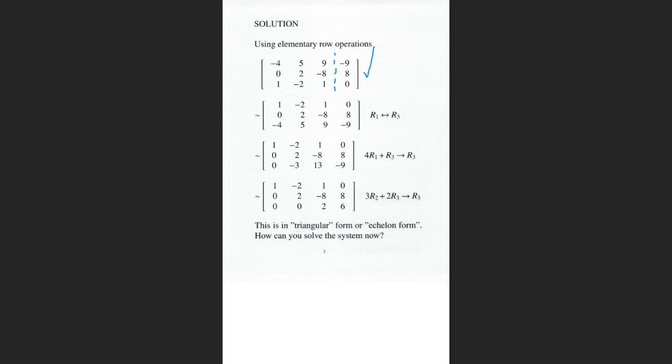Well, of the three equations, let me put it this way. If you had to decide between the first equation and the third equation, which equation appears simpler to you?